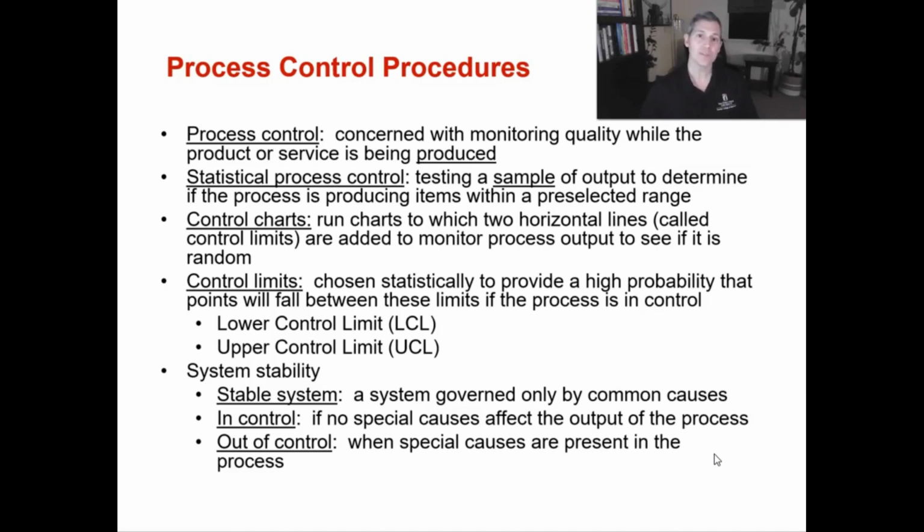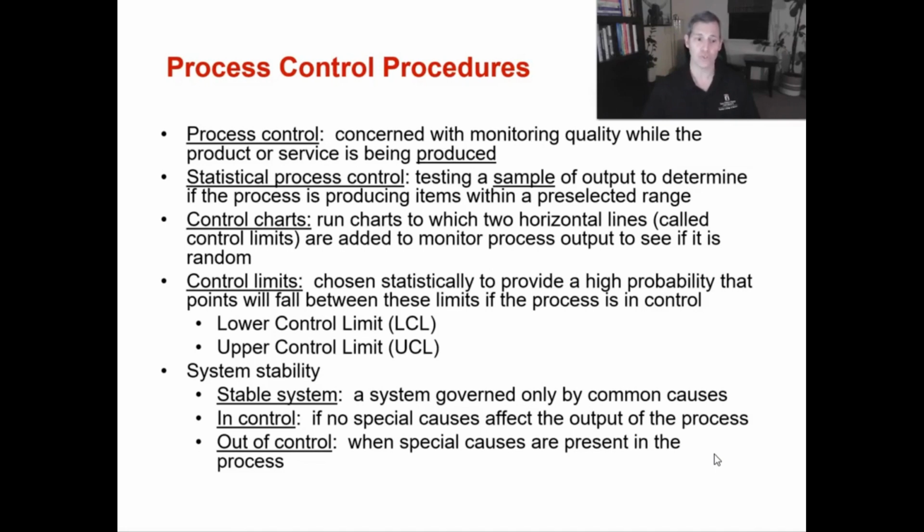When we talk about system stability, a system is stable if it's governed by only common causes. There is going to be some variation in many processes that is acceptable and tolerable. Those are common causes and they're okay. So that is a stable system. An in-control system is when there are no special causes that affect the output of a process.